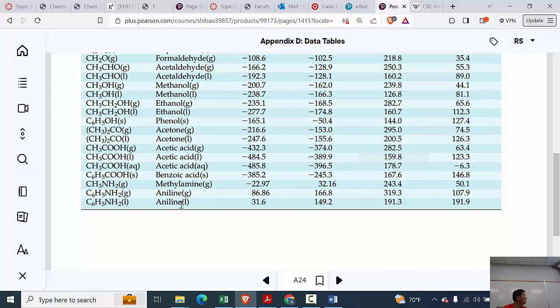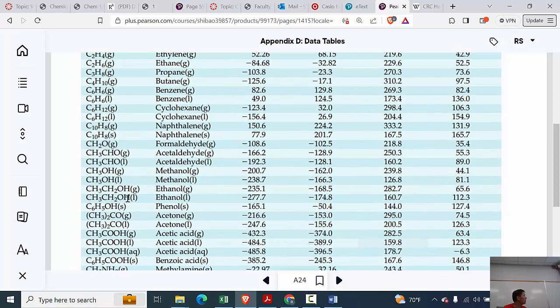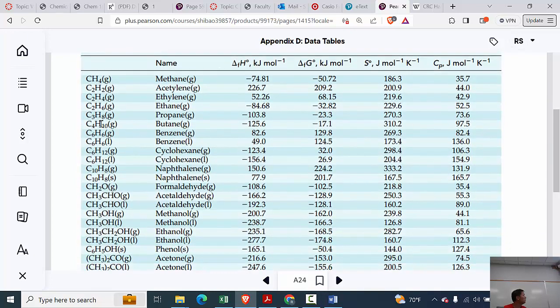This is gas, aniline, liquid here. Alcohols here. These are ketones, acetone, carboxylic acids here. These are aldehydes here, acetaldehyde, formaldehyde. It has a little different structure, and these are hydrocarbons here. And so methane, the simplest hydrocarbon, has a delta H of formation of minus 74.81.